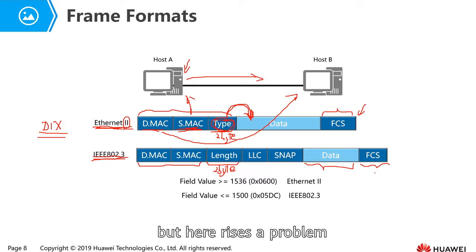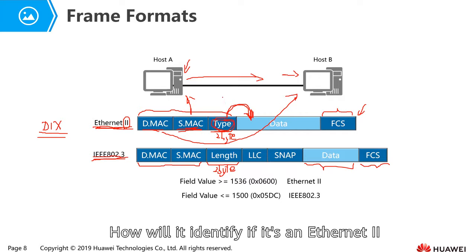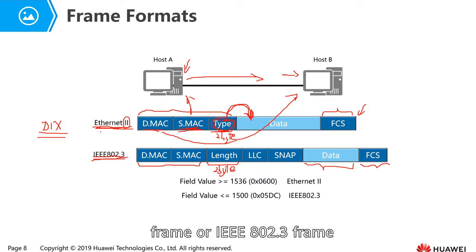But here arises a problem. When the computer receives the frame, how does it identify whether this is an Ether2 frame or an 802.3 frame? So there's a specification.